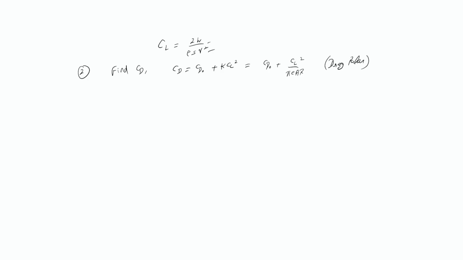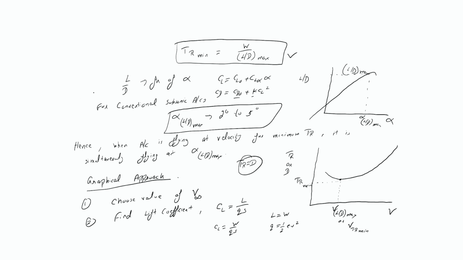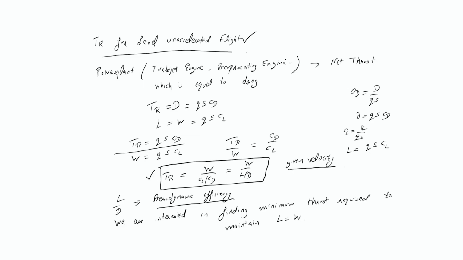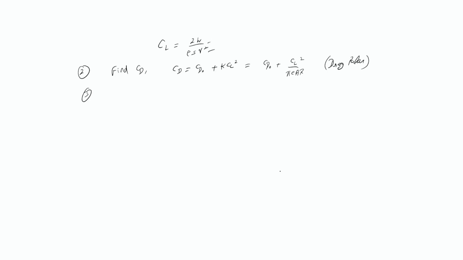Once we have CD, then we can immediately find what we are looking for. We are looking for L by D. This L by D, CL by D or CL by CD. So once you have CL and CD, you can easily find CL by CD.